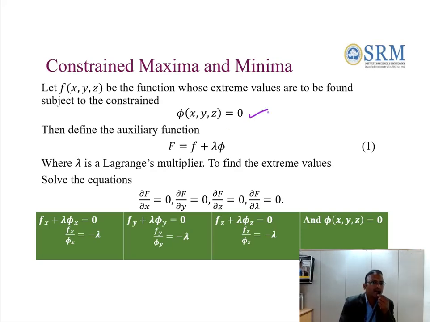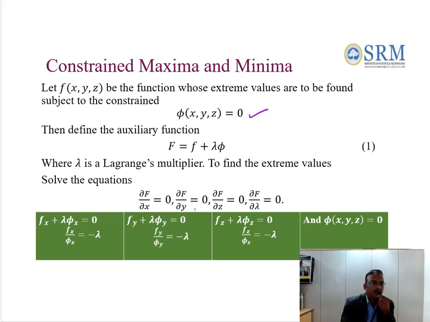After identifying what your f and pi are, we have to define a new auxiliary function capital F in this form: F equal to small f plus lambda into pi, where lambda is a Lagrange's multiplier. Of course, it is going to be a function of x comma y comma z.